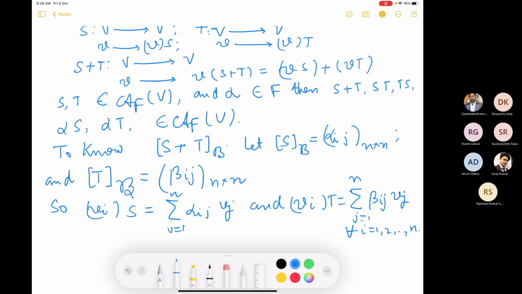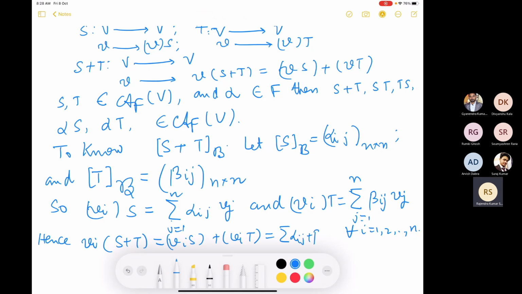So Vi under S plus T is ViS plus ViT, which naturally is the linear combination of alpha ij plus beta ij times Vj, j = 1 to n, for every i.